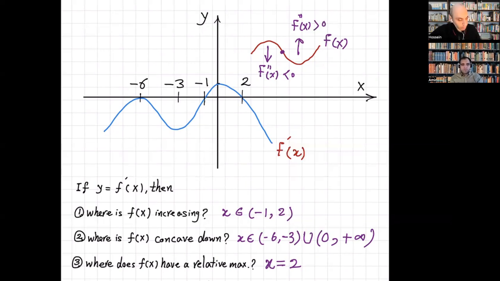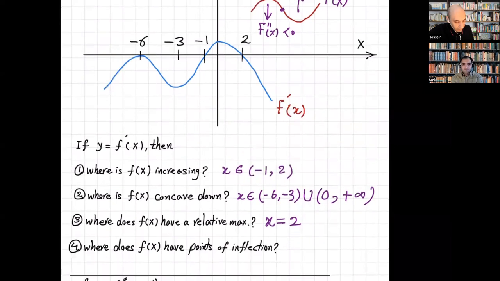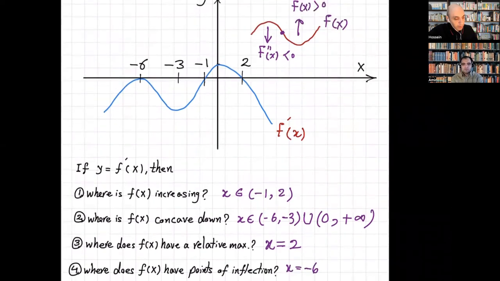Right. So here we have a positive slope. It changed to negative slope. So that's one candidate. So x equals -6 is a point of inflection. And then again, we have a negative slope changed to positive slope.